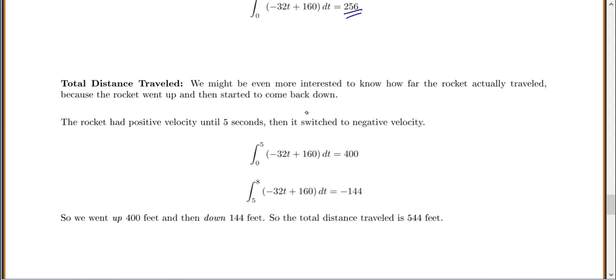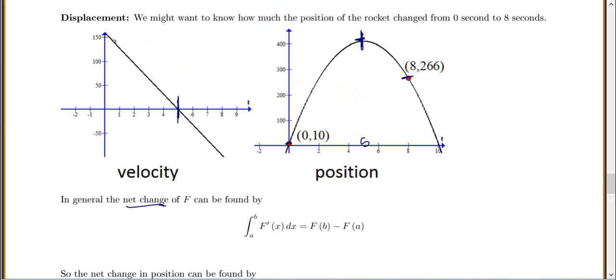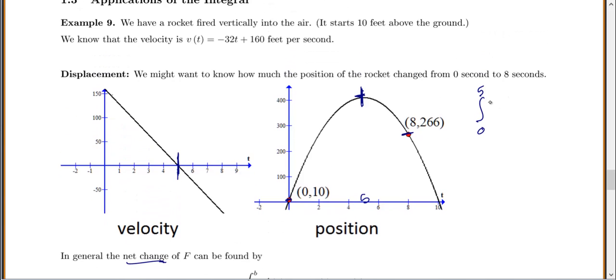Well, what we would do is we say, okay, my rocket had positive velocity until 5 seconds, and then it switched to negative velocity. So my velocity is positive until 5 seconds, then it's negative. Or if you look at your position, I was going up till 5 seconds and then down. So if I want to see how much my total distance changed, I say, well, let's integrate from 0 to 5 my velocity of negative 32t plus 160.